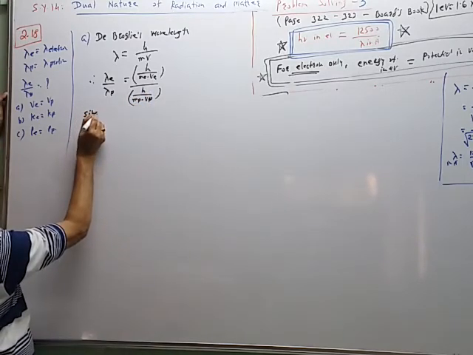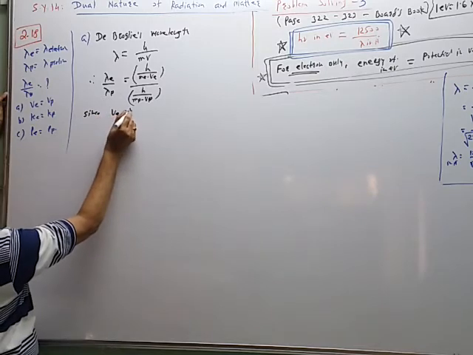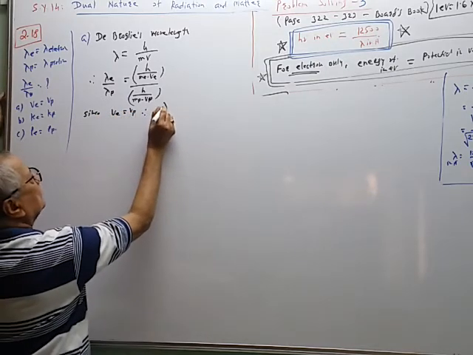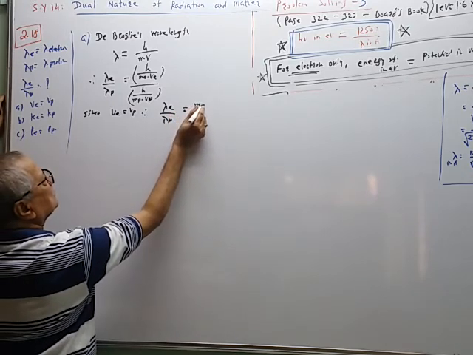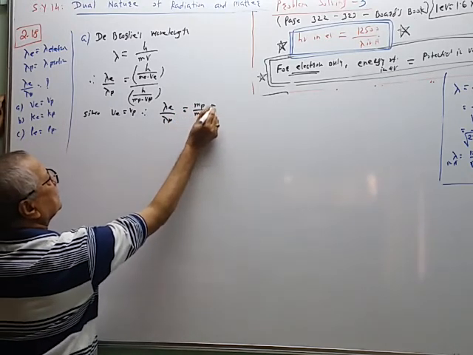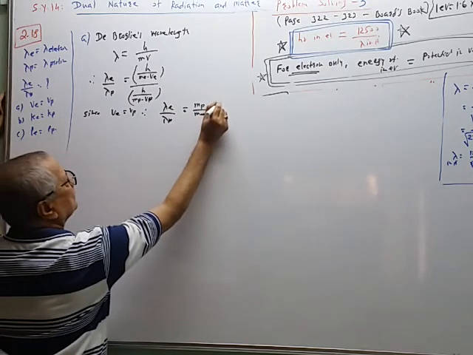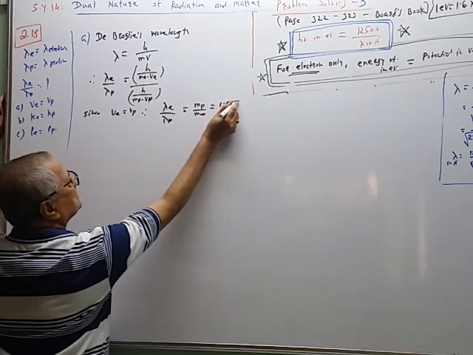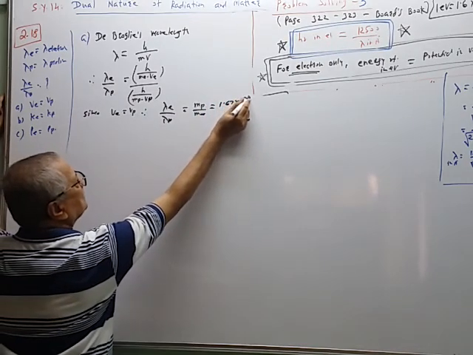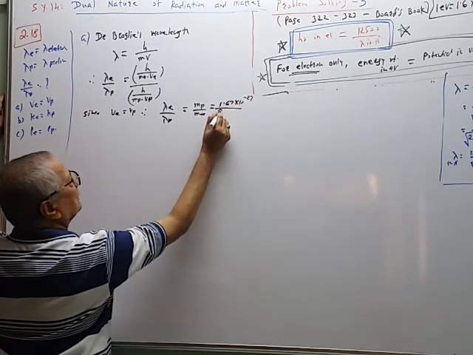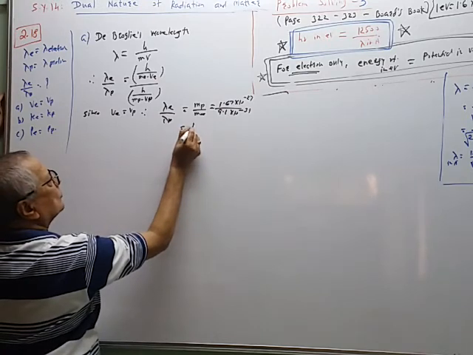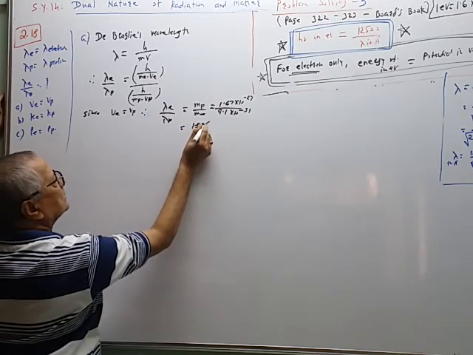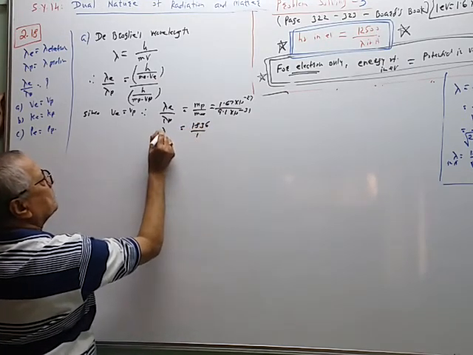Since Ve is equal to Vp, therefore lambda electron upon lambda proton is equal to mass of the proton upon mass of the electron, which is equal to 1.67 into 10 raised to minus 27 kilogram over 9.1 into 10 raised to minus 31. So this is equal to 1836 upon 1.